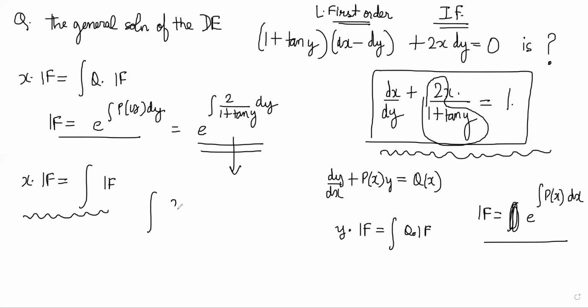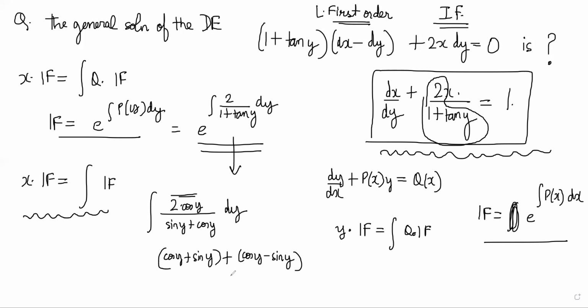Integral of 2 by 1 plus tan y is 2 cos y over sin y plus cos y. The top part 2 cos y can be written as cos y plus sin y plus cos y minus sin y, divided by this, which can be written as 1 plus (cos y minus sin y) by (cos y plus sin y).